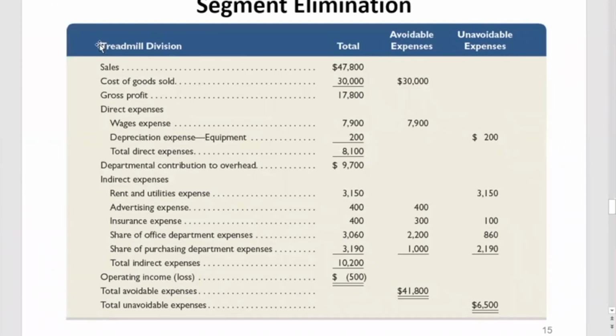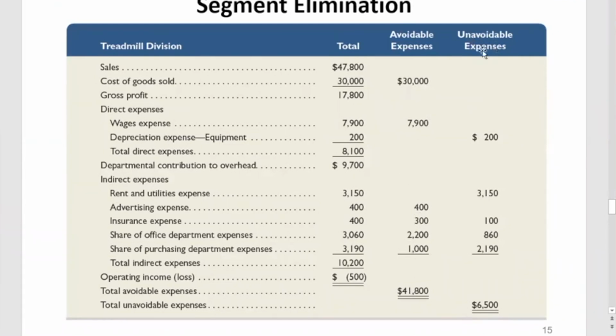So if we eliminate the treadmill division, we would avoid or eliminate these expenses. And that's good. So if we eliminate treadmills, yes, we would eliminate the sales, obviously. But we would also eliminate the cost of making the treadmills, obviously, right? We would eliminate the wages that we're paying the people to make the treadmills. We would eliminate some of this advertising and insurance and so on, right?